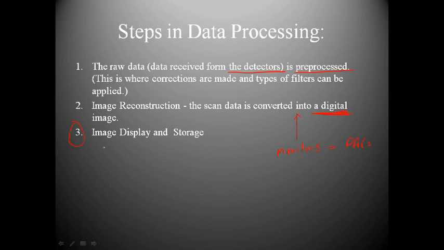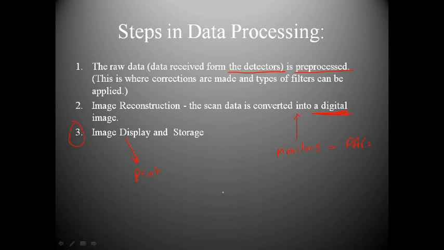Then that brings us to the third step, which is image display and storage. And so the digital image is displayed on monitors, but also, one thing that's kind of gone by the wayside, but sometimes it's still carried out, is printing the images. And so when you print, the image is no longer a digital image.